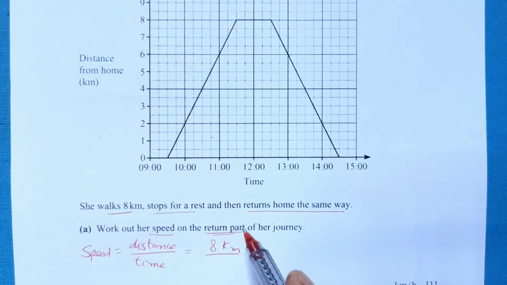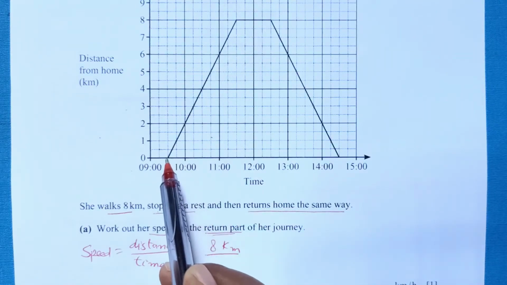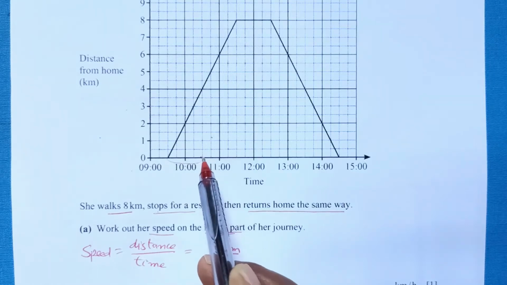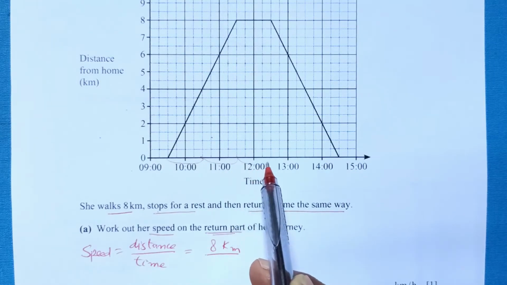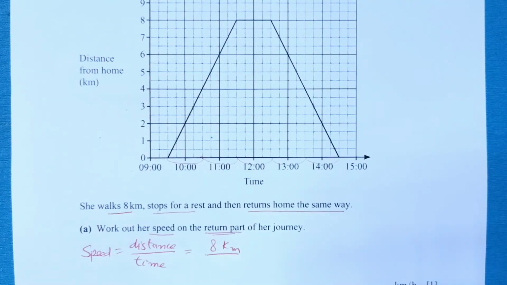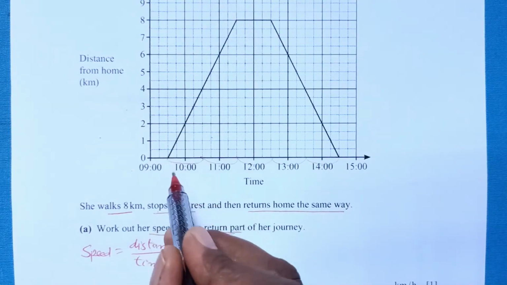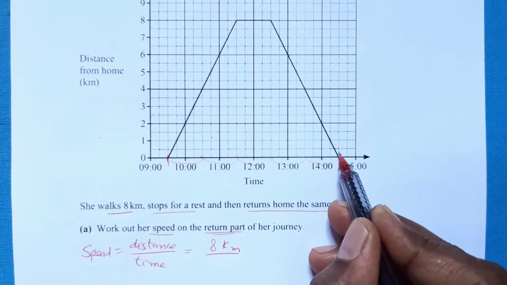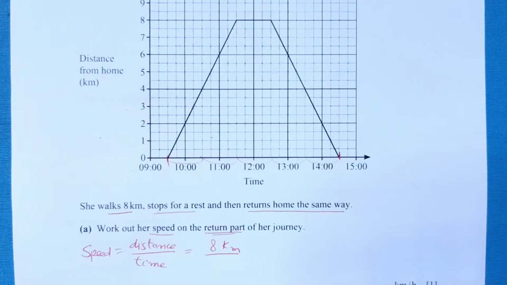How much is the time? Time from here, this is 9:30 up to here, it is 10:30, 1 hour, 2 hours, 3 hours, 4 and 5. So total time from 9:30 to 14:30 is 5 hours.